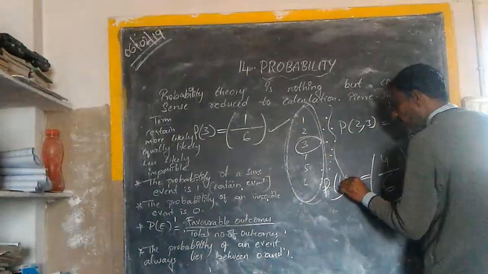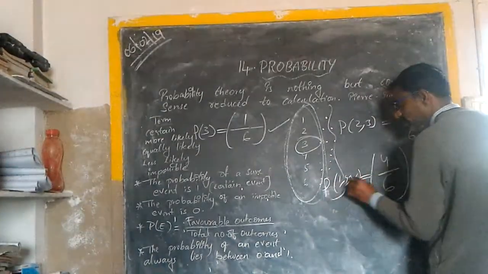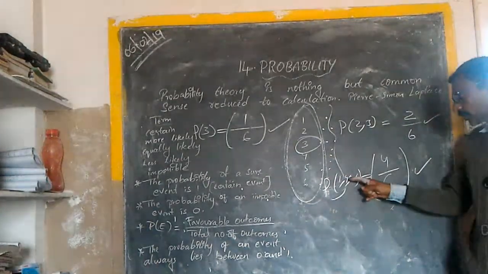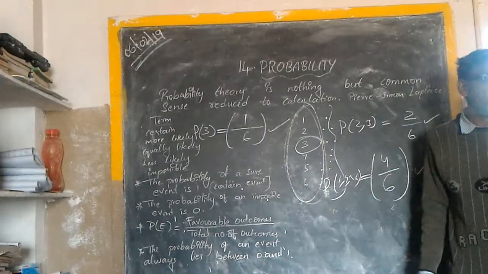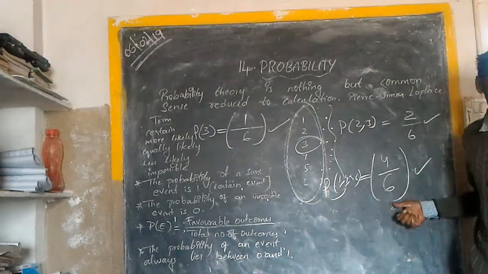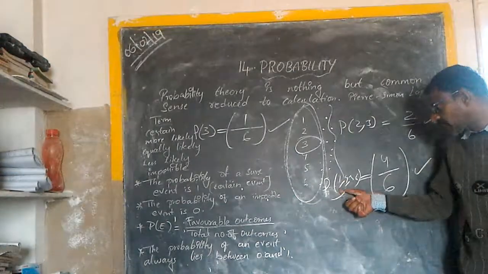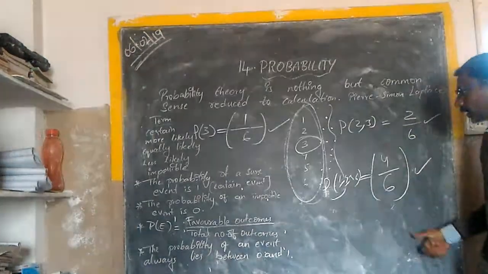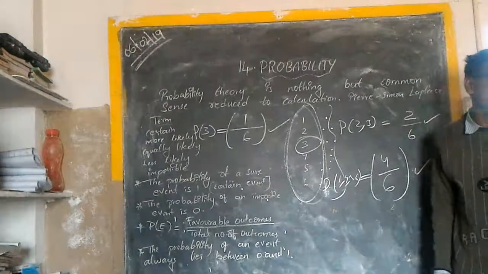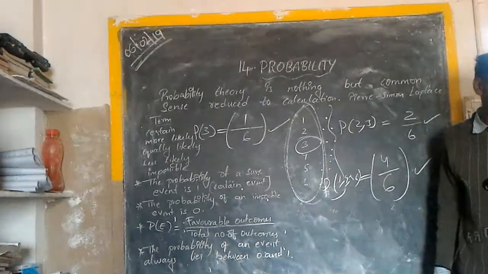The next one is 4. Next is 5 and 6. The probability of getting 1, 4, 5 or 6 is equal to 4 by 6. These are the numbers we are expecting. These are called favorable outcomes. Total chances, here we call total outcomes.